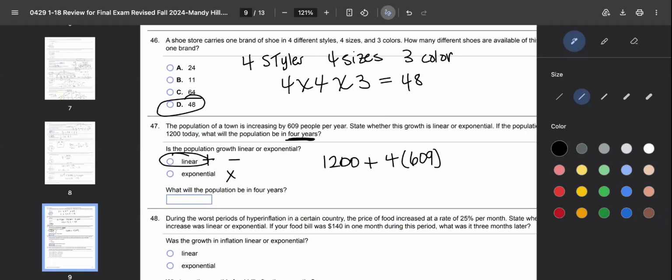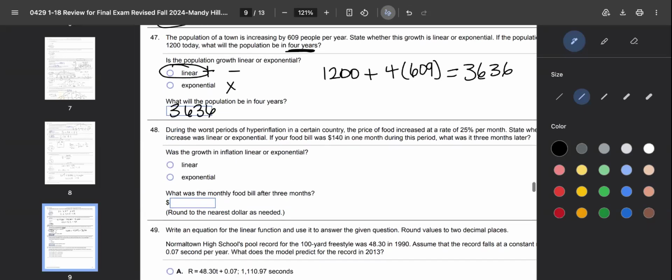My brain's going to work in a minute. And so when you do that, you should get 3,636. I'm going to write it over here. 3,636. Okay.